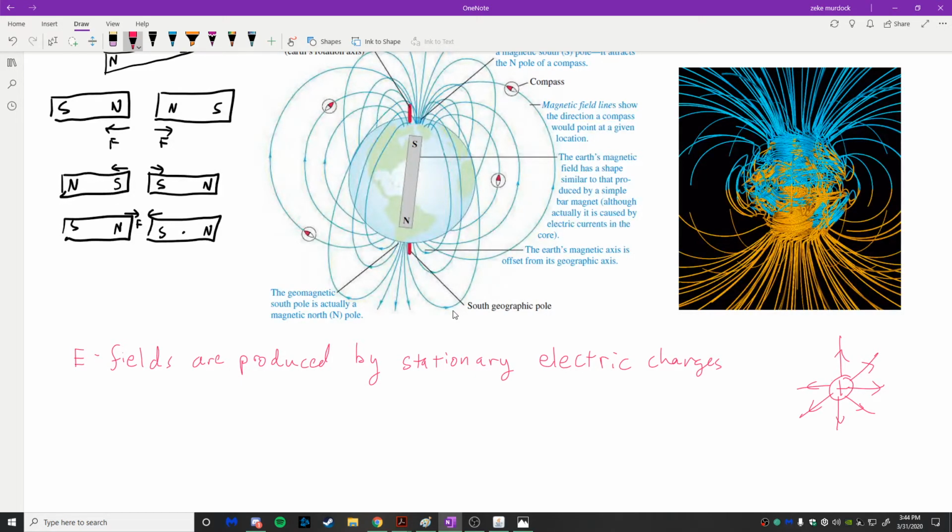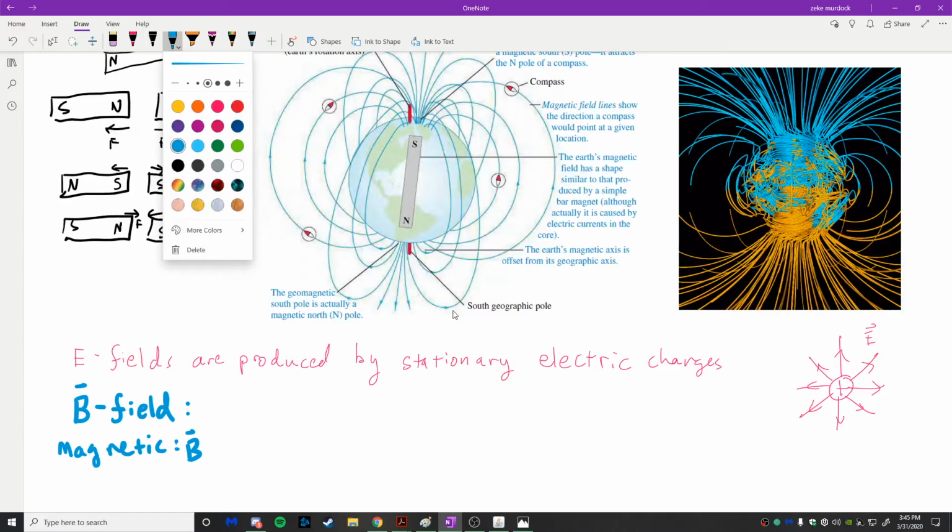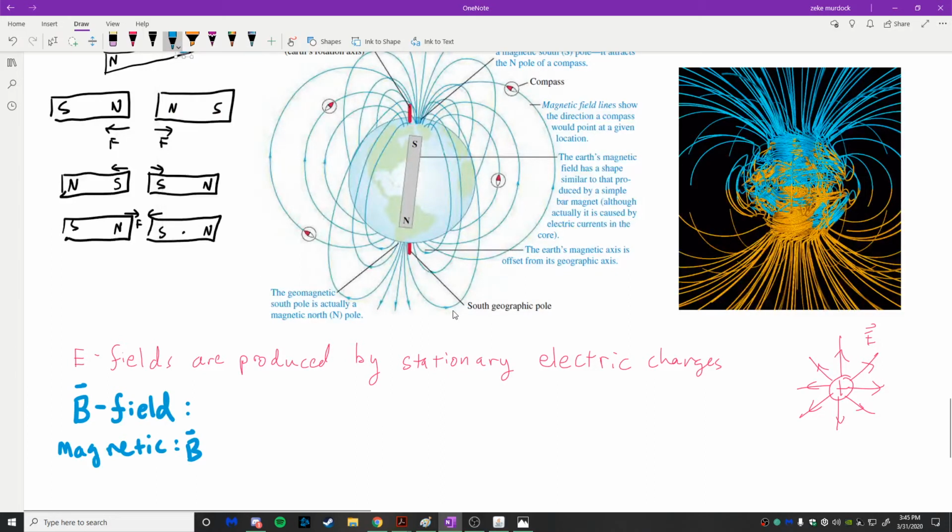That's our electric field, right? Magnetic fields, and we use this symbol for magnetic fields. Okay, so this means magnetic. We use the symbol B. It's a vector. So magnetic fields are produced by moving charges. It's just that simple.